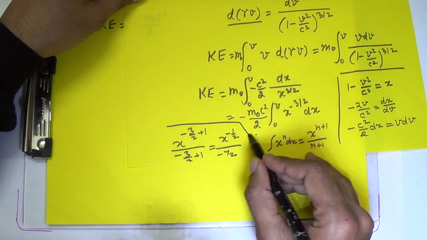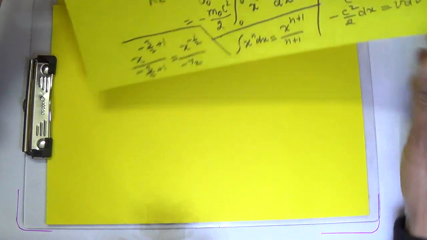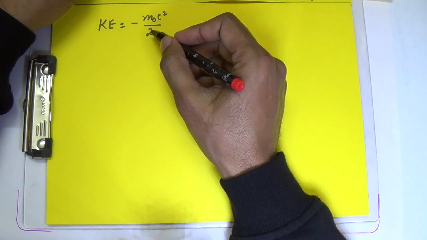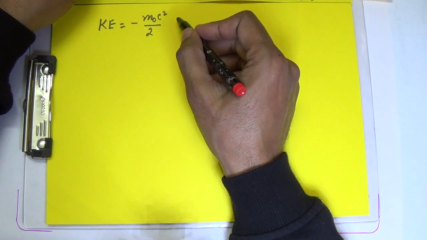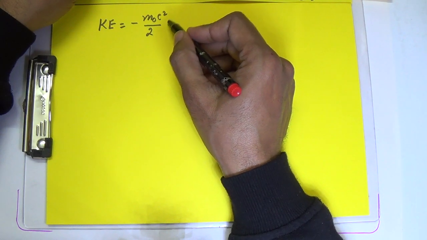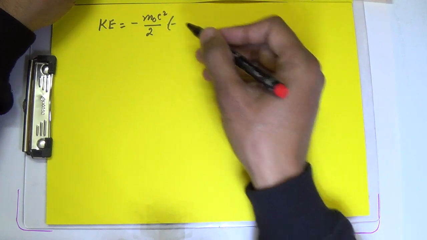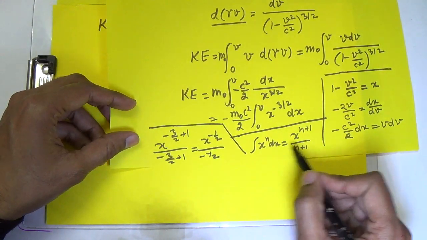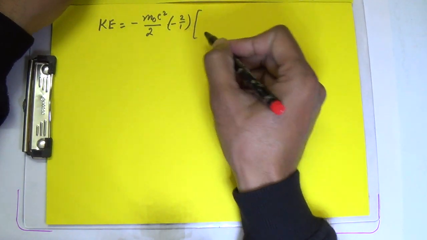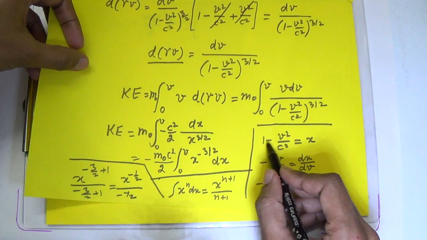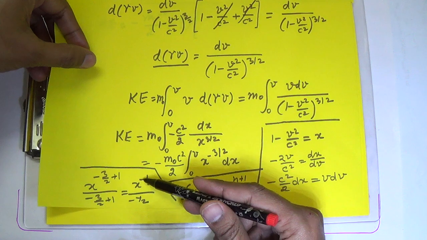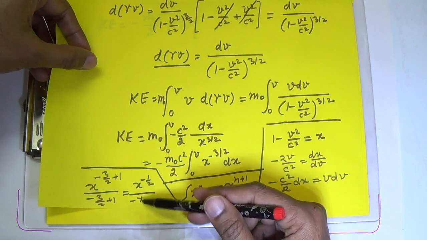So further simplification of it, the result will be minus m naught c square upon 2 and again minus 2 upon 1 from here, and x to the power minus 1 by 2 I can write, and x I know is 1 minus v square upon c square. So (1 minus v square upon c square) to the power minus 1 by 2 divided by minus 1 by 2.